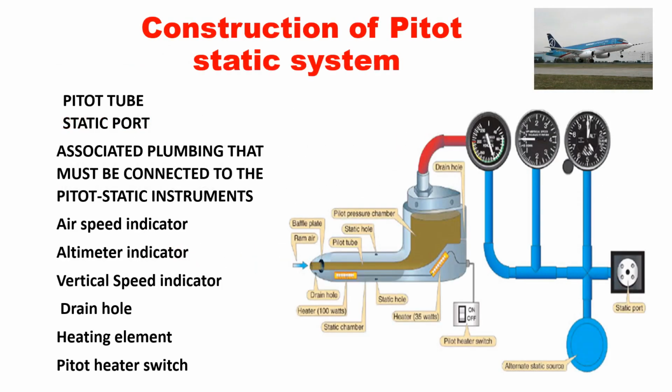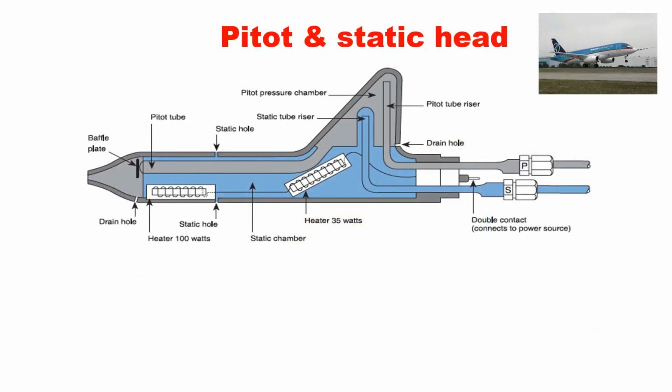Construction of the pitot-static system. The pitot-static system consists of the following: pitot tube, static port, associated plumbing that must be connected to the pitot-static instruments, airspeed indicator, altimeter indicator, vertical speed indicator, drain hole, heating element, pitot heater switch, pitot and static head.